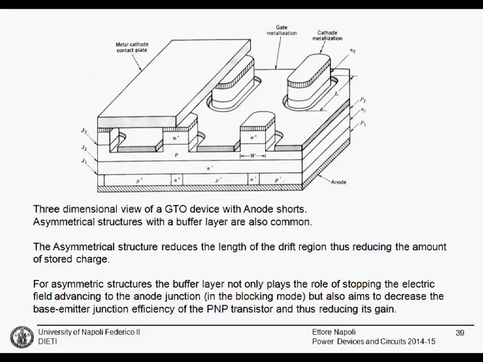This is N plus, this is P. Then you have the drift region that is N minus, and here you have the buffer layer that is N. This is P plus and this is N. Now the ohmic contact is guaranteed by this P plus diffusion, and you can play on the doping of this region to change the emitter efficiency, because now the emitter is here, and you can reduce the doping of the buffer layer to reduce the efficiency if you want.